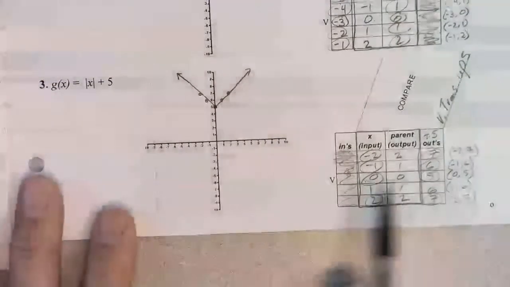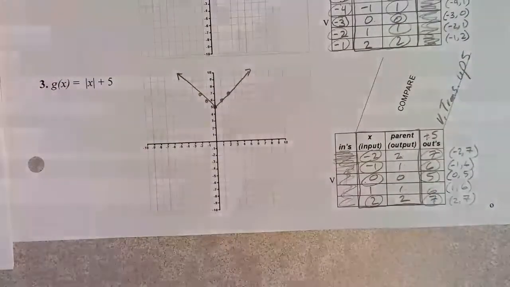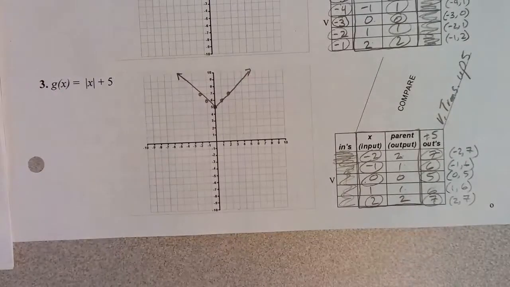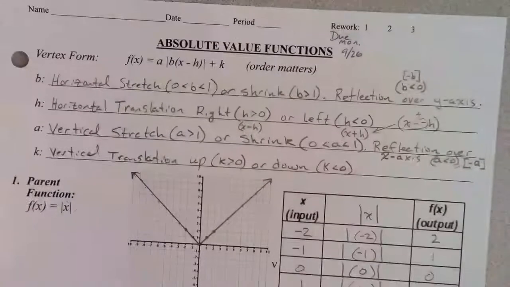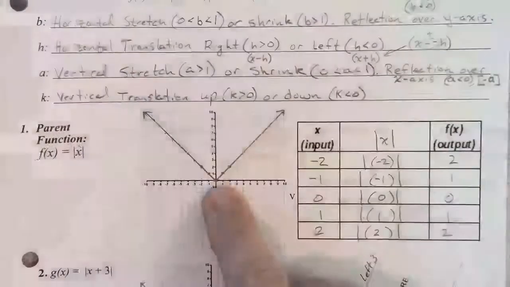Notice you use the outside columns. How we doing? You guys getting it? Okay, and you have the top filled out. All right, so you can reference back to it. Notice we did go up 5. We translated our parent function up 5 units.